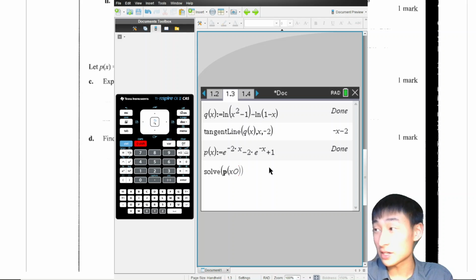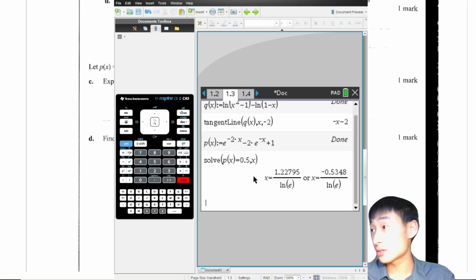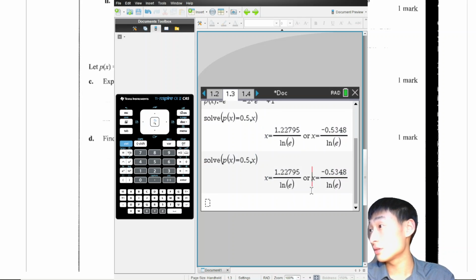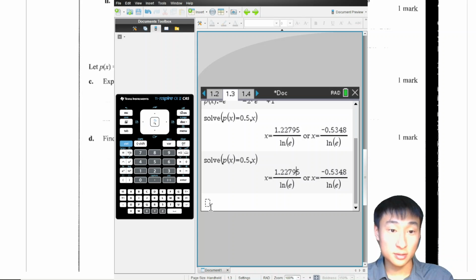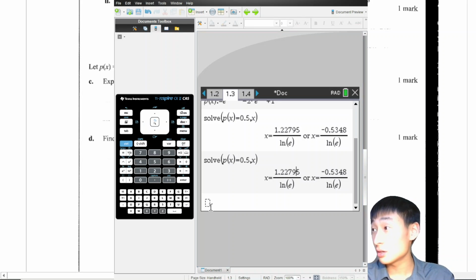Solve p of x is equal to 0.5. Okay, actually no exact value needed, these aren't exact values. What that means is p of x equals 1.22795.